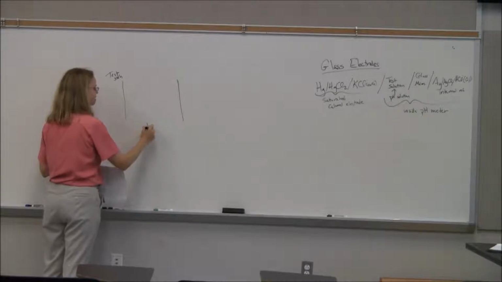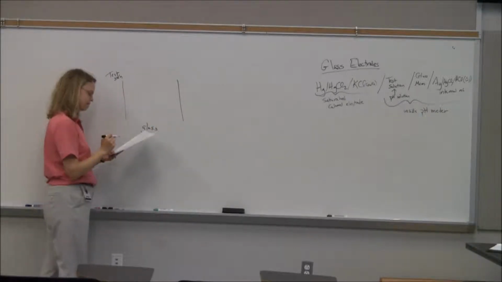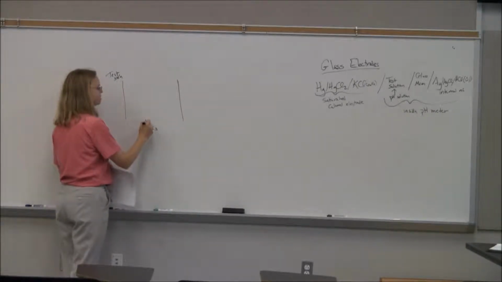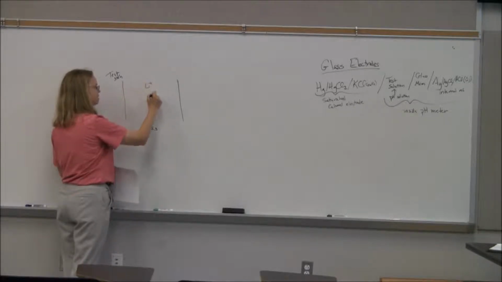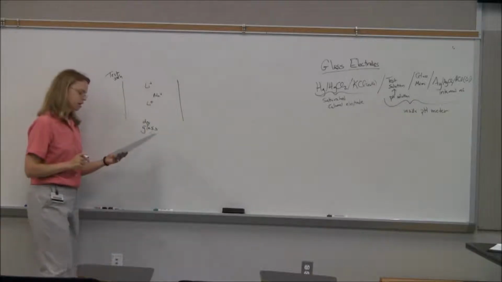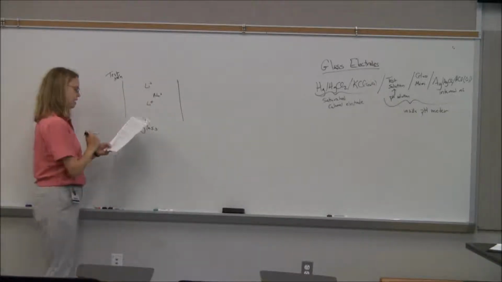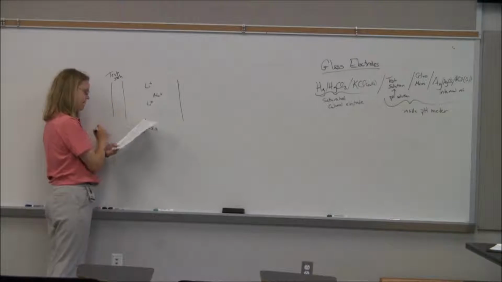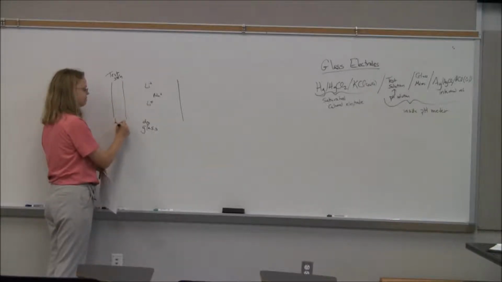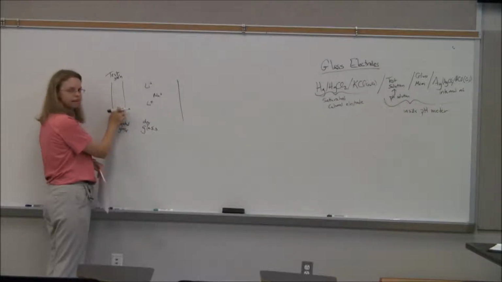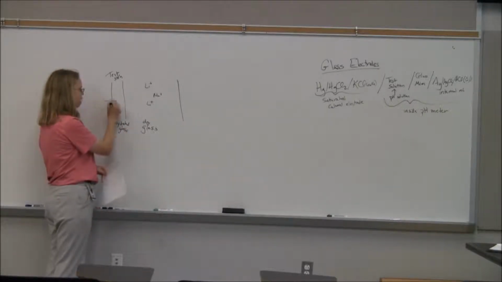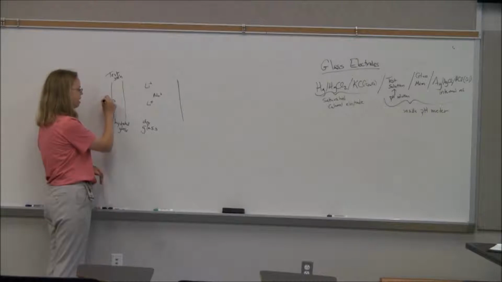You have glass in the middle, and this dry glass has ions in it that can move around, often lithium, maybe some sodium. And then over here we have some sort of hydrated glass. Right, so this is the part that gets wet. And again, we can exchange ions of hydrogen in here for sodium or lithium there.